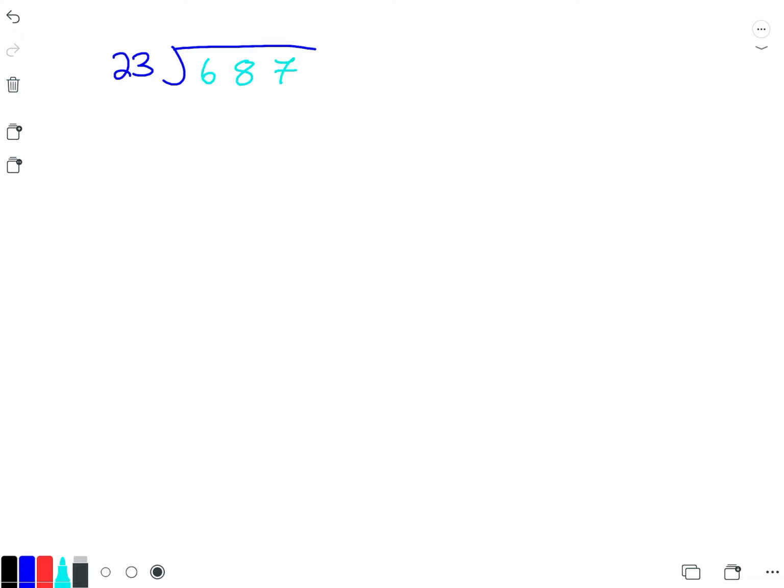All right, so this is going to require a little bit more thinking. First, this number we call the divisor, the one that's doing the dividing. We call this number, not the quotient, but the dividend, the one that's being divided. Let me focus on that. So the question is, how many times does 23 fit inside 687?